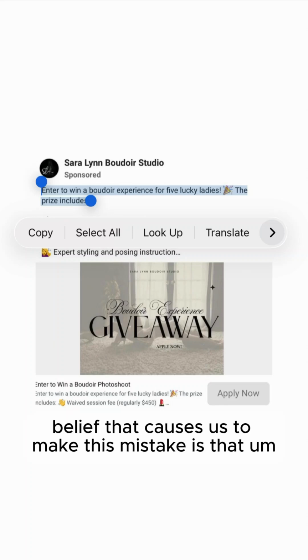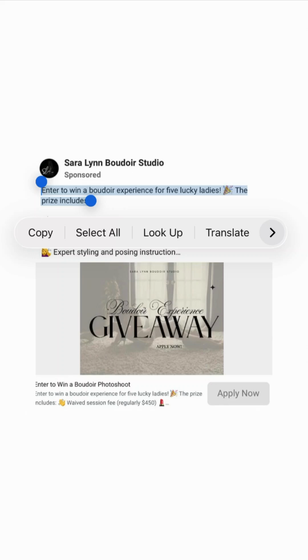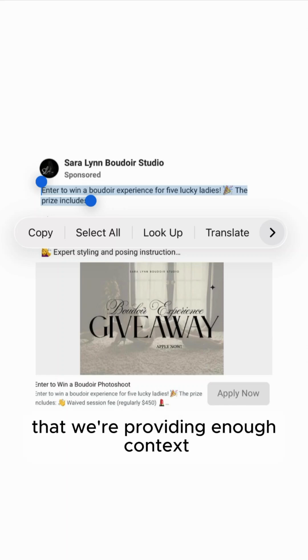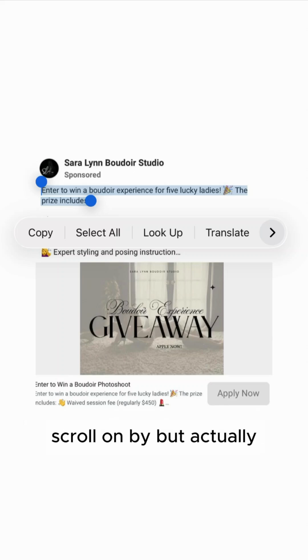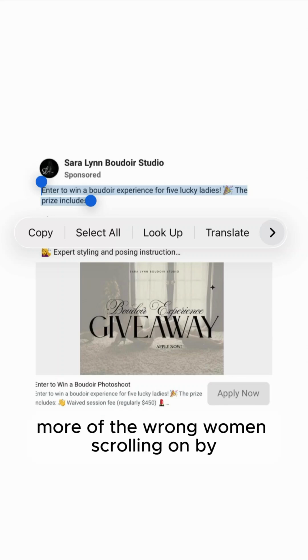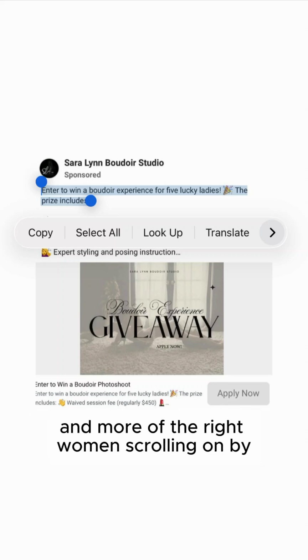The false belief that caused us to make this mistake is that we believe we're providing enough context for the right women to click in and the wrong women to scroll on by. But actually, we're going to get more of the wrong women clicking and more of the right women scrolling on by.